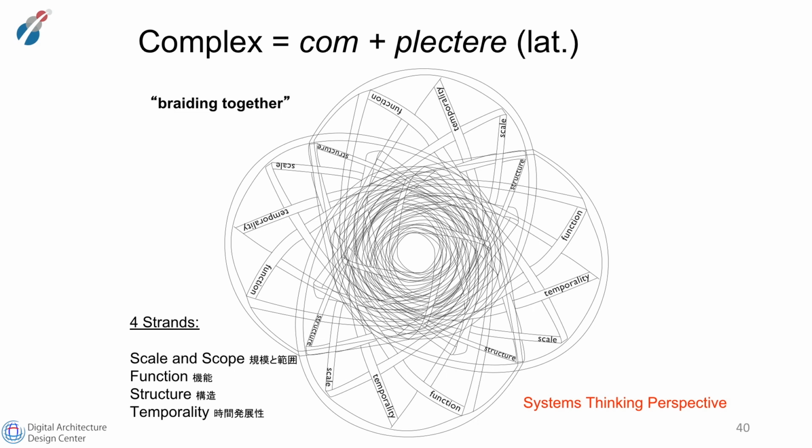So scale and scope, function and structure, or function and form, and then temporality, thinking about the evolution of the system over time. Because so far, we've taken a more static view of systems. But if we really want to understand systems, we need to understand time as well.